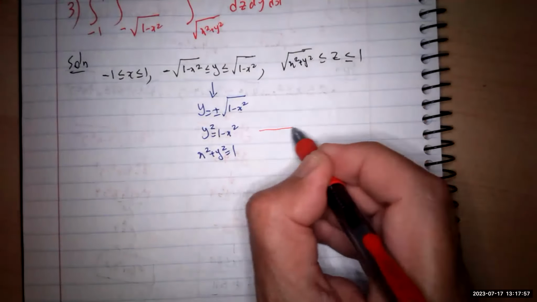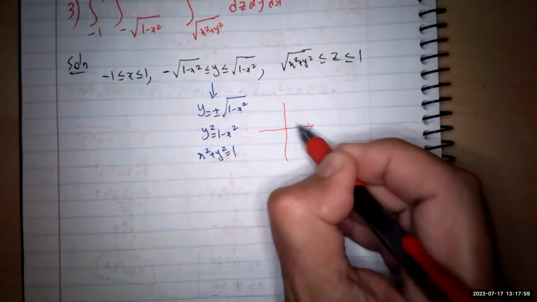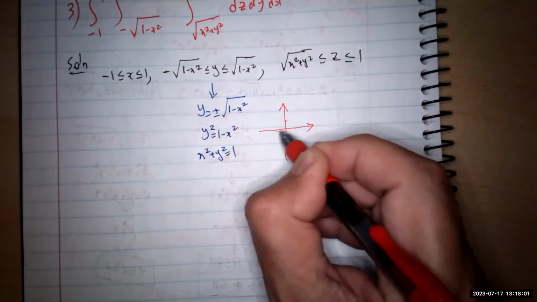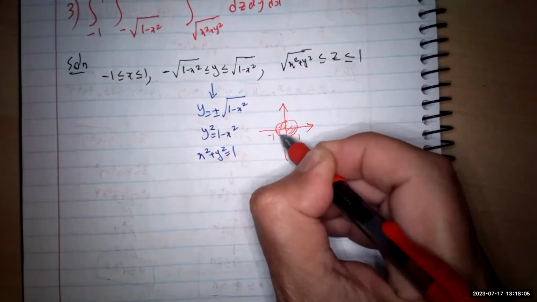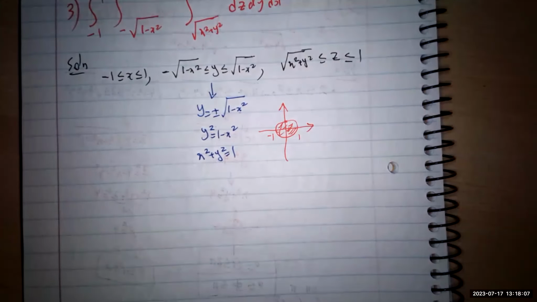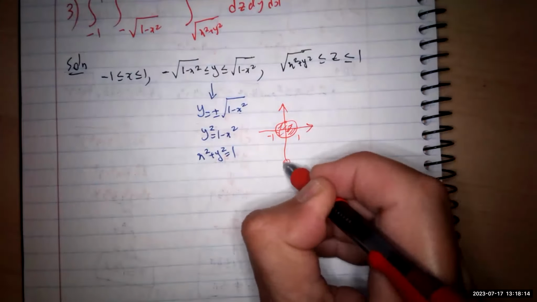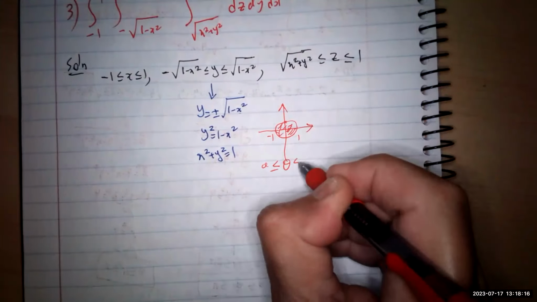Okay, I do it here because I need more space. So this is going to be a circle, and the only information we can get here is that theta is going to be between 0 and 2 pi.